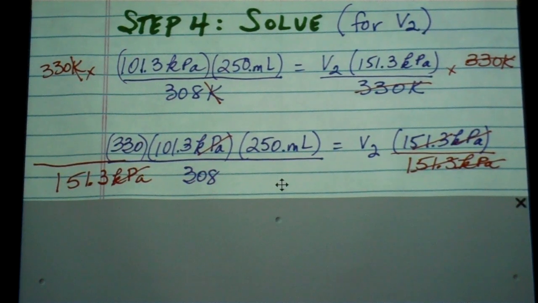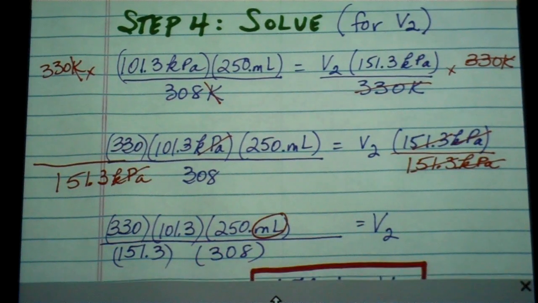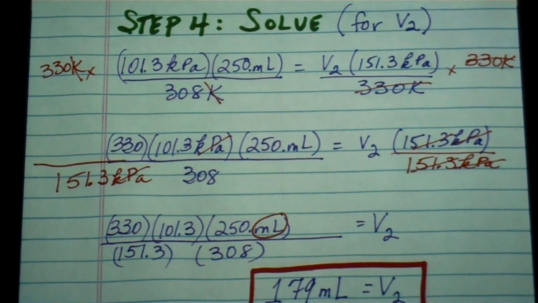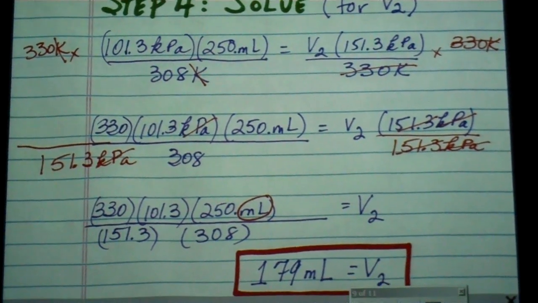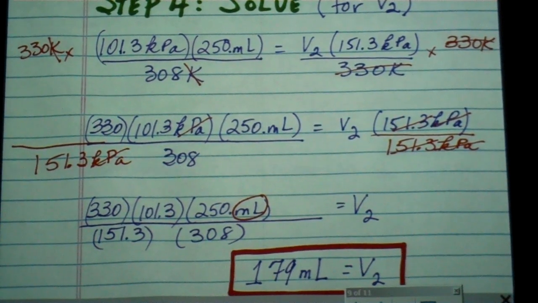So now you're left with 330 times 101.3 times 250 milliliters divided by 151.3 times 308. The only unit left is milliliters, which is what you should expect since volume is the unit is milliliters. So all the numbers are together. Solving, we get 179 milliliters for V2. You should try this also on your calculator. Make sure that you get the same answer.